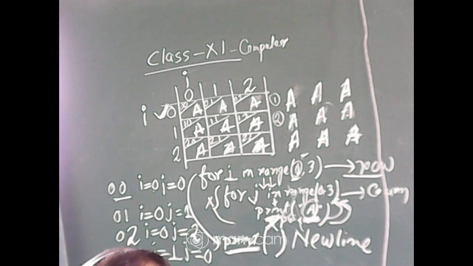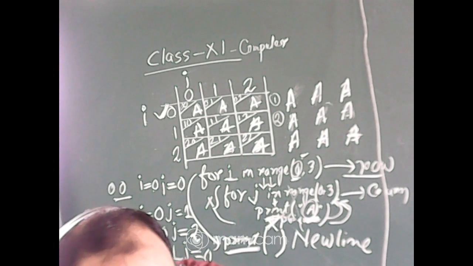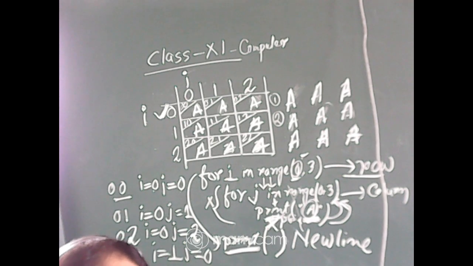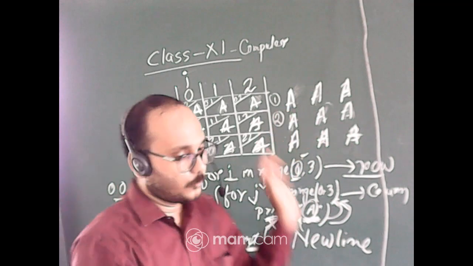A are on separate lines. So if we arrange this in this manner, what to do?